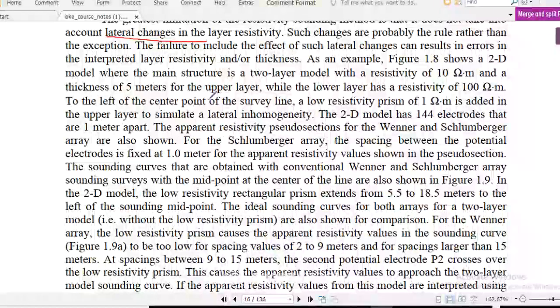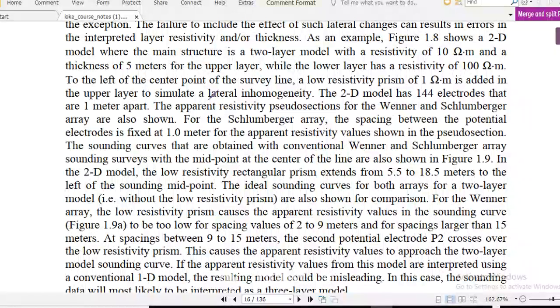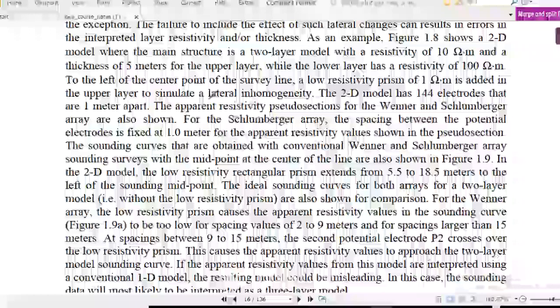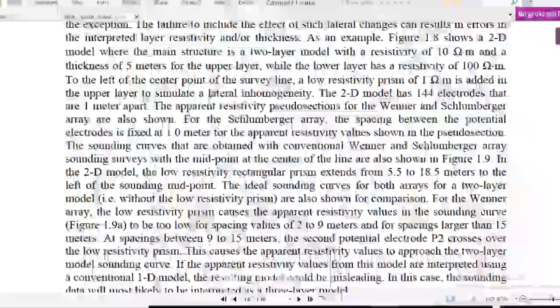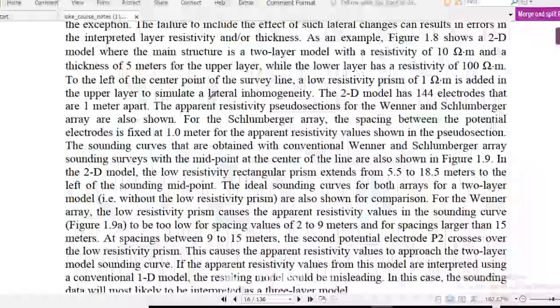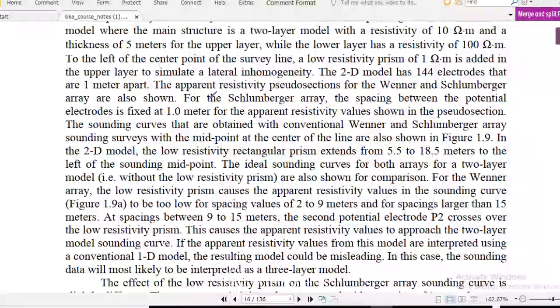As an example, consider a 2D model where the main structure is a two-layer model with resistivity 10 ohm-m and thickness of 5 meters for the upper layer, while the lower resistivity is 1 ohm-m.